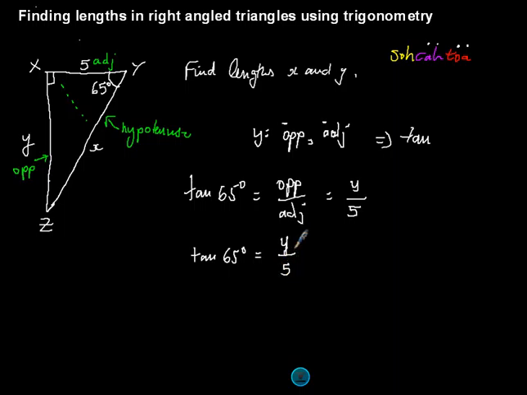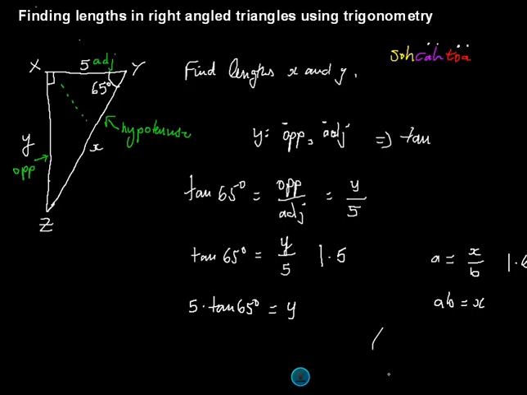And you will notice that this follows the basic pattern a equals x over b. The unknown with two numbers like this. And to solve for x I need to multiply by b, so I get ab equals x. I need to do that here too. I multiply by 5 and I'm getting 5 times tangent 65 degrees equals y.